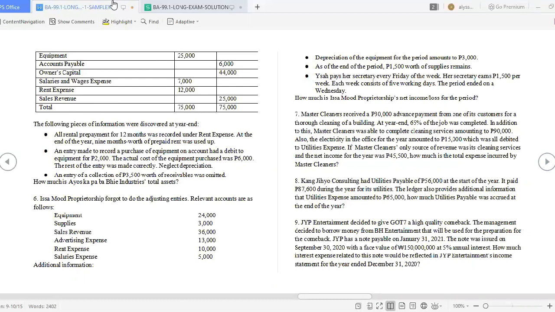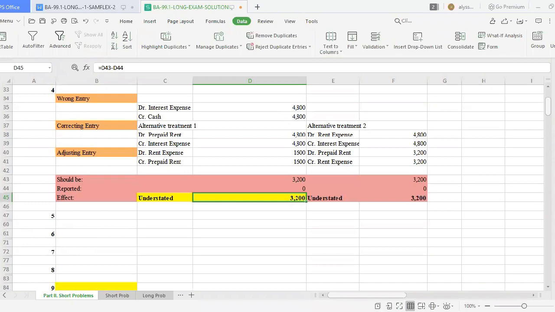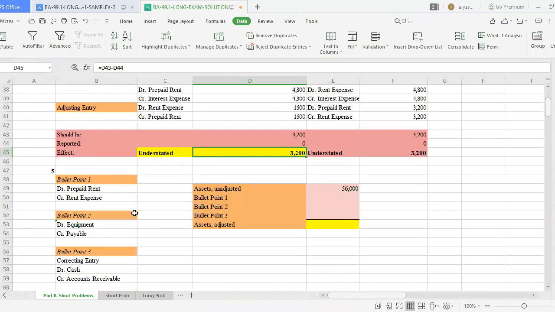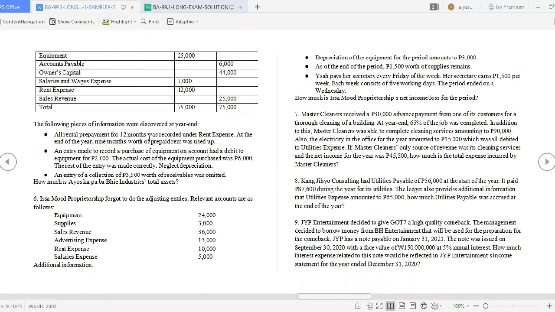So total asset. So first, we input the unadjusted assets. That's 56,000.